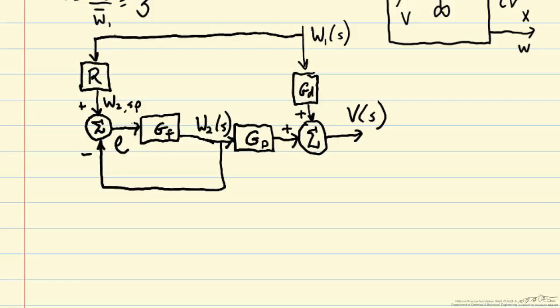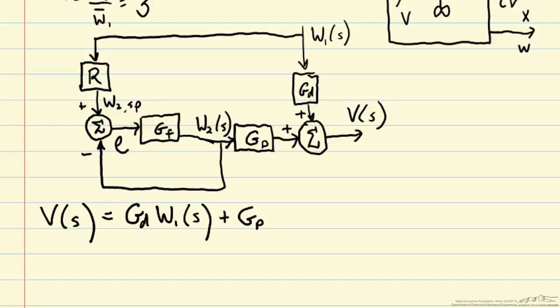So with this block diagram, now we can calculate a transfer function to figure out how V depends on W1. Let's start off and say V(s) equals GD times W1(s) plus GP times W2(s).